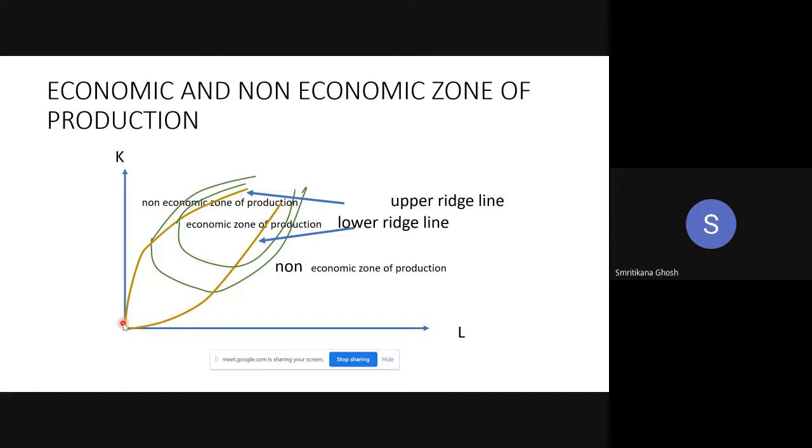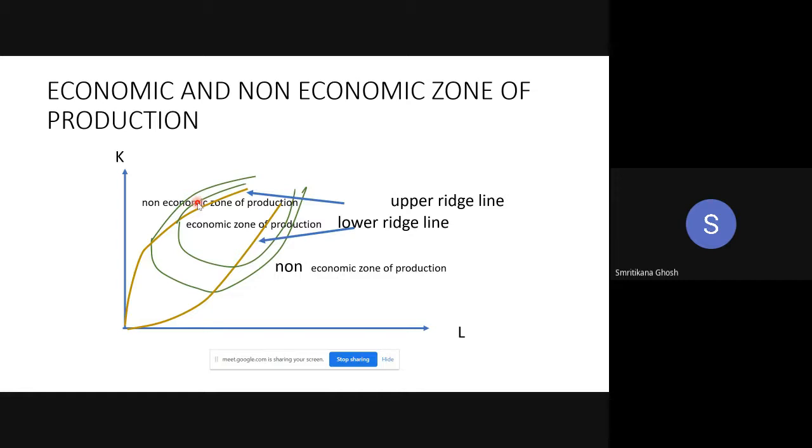Now the question is, why do we need these lines? Because look, in this region your MPL is negative. If MPL is negative, producers are not interested to come here, just like the short run explanation. Similarly, in this region, MPK is negative.